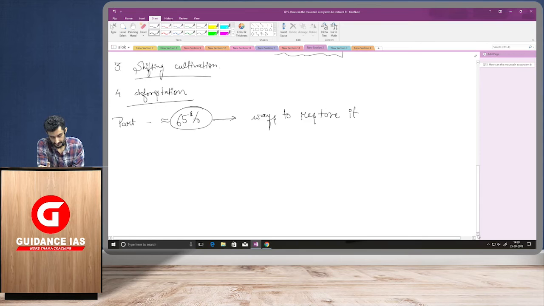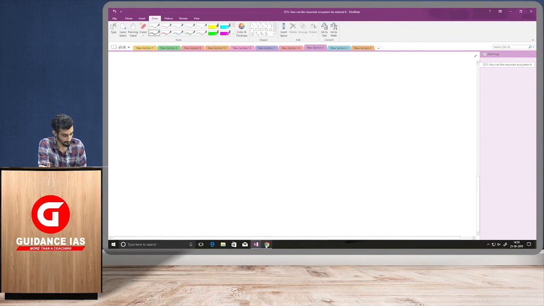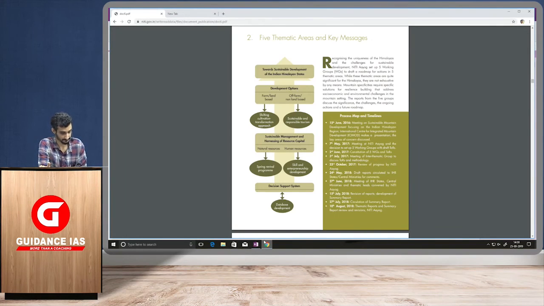So now Niti Aayog has come up with a report, and that report was Sustainable Development of the Himalayan States. In that report, it has given various ways in which sustainable development can be ensured in such topographies and ecosystems. So it has given a spring revival program, skill and entrepreneurship development, and curbing shifting cultivation, moving towards more permanent types of cultivation like horticulture.